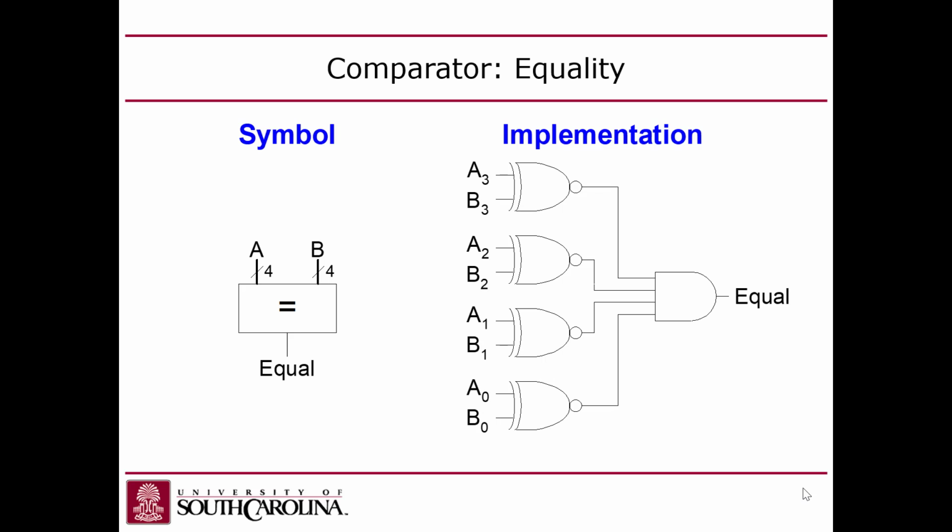How about comparing two values? If you want to compare for equality, one way to do that is to use the XNOR. XNOR is a bitwise comparison operation. XOR is true whenever one of the inputs is 1 and the other one is 0, if it's a two input XOR.